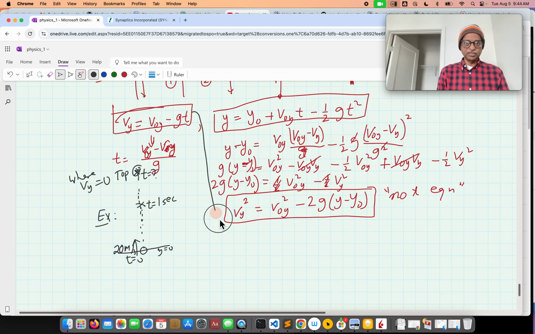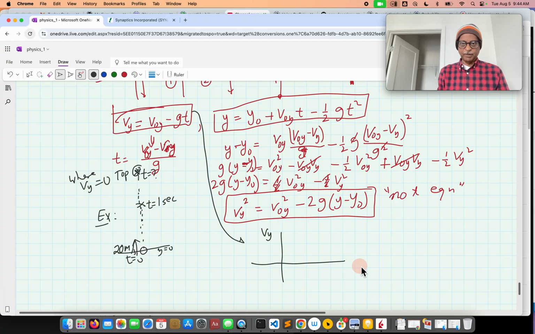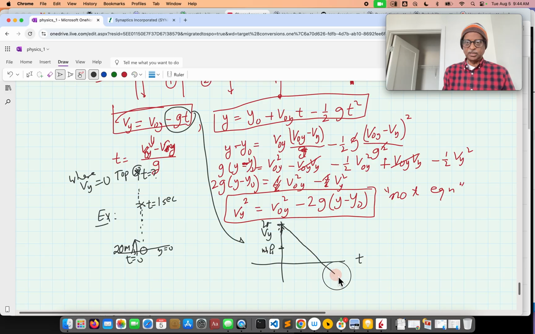Let's look at this, plot this guy. If I plot Vy with t, it starts at some positive value, 20 meters per second, and it is going to have a negative slope. Let's start here. This is 10 meters per second and 20 meters per second. So it's going to have a slope and it's going to continue. So there will come a time it's going to become 0. This is where Vy is 0.